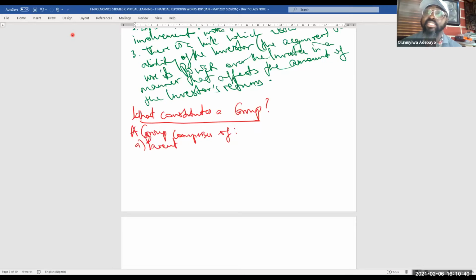And who is the parent? It is the business or entity that obtains control of the others. And B, the subsidiary, or if there are more than one, the subsidiaries.